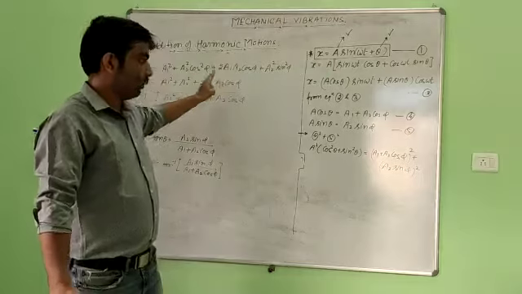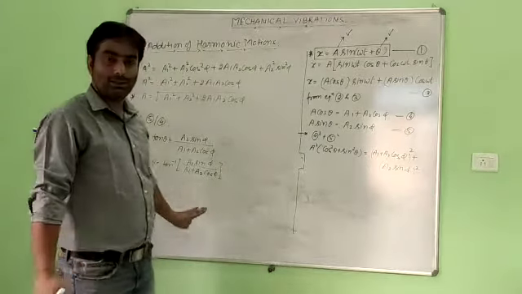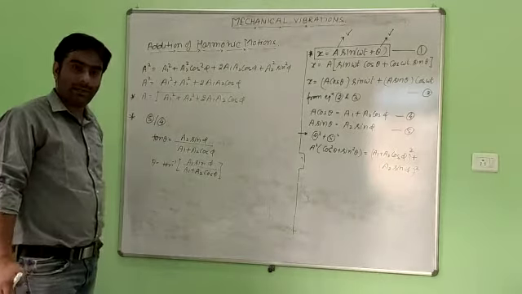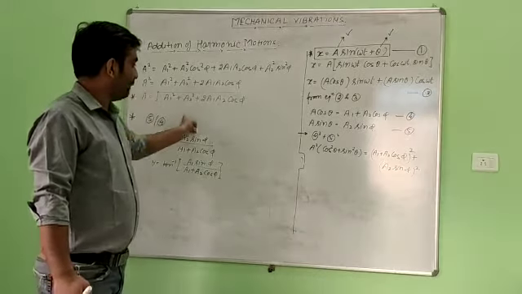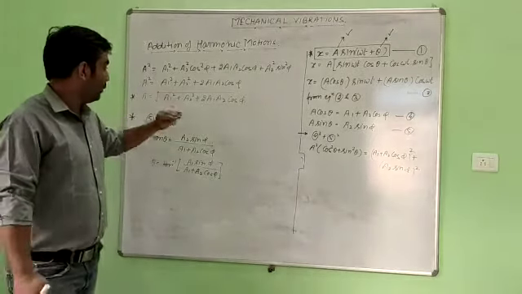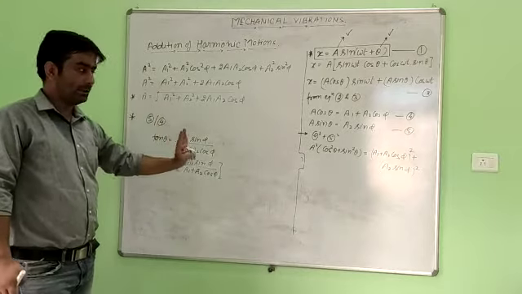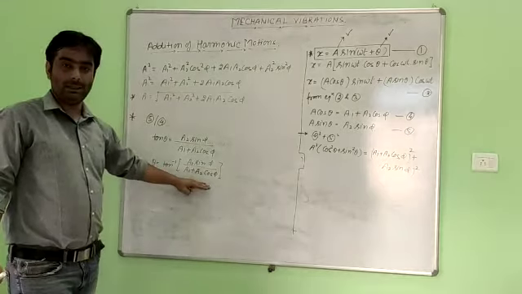If we don't have omega 1 equal to omega 2, then we will go for the second method. In this topic we will have numericals also. In the numericals we follow the same procedure. We don't have to remember the formula. We will follow the same procedure and we will get the resultant.